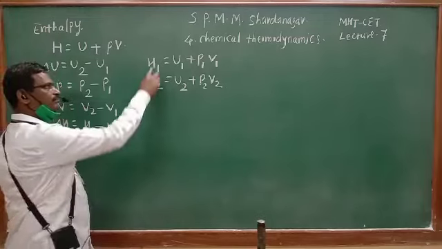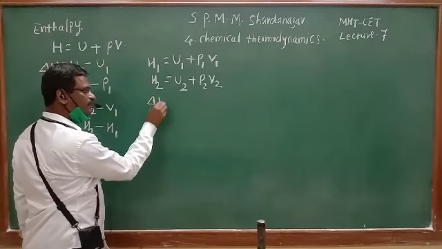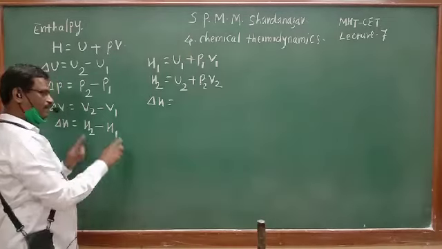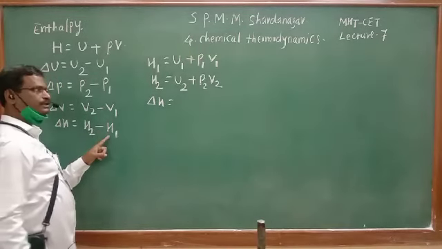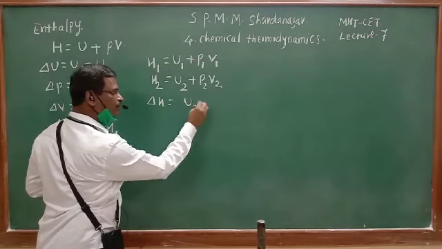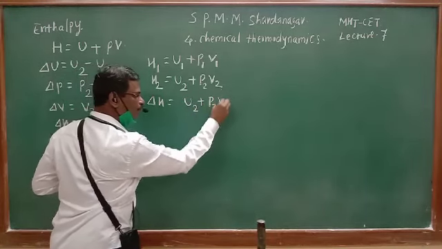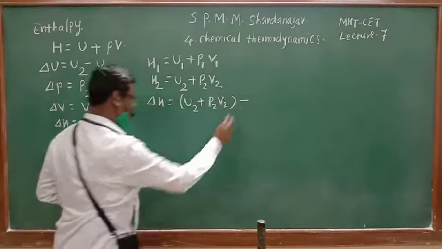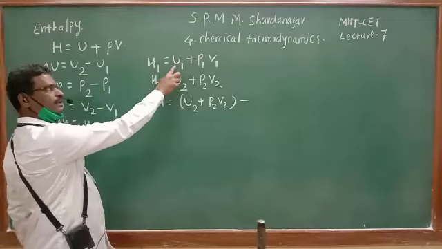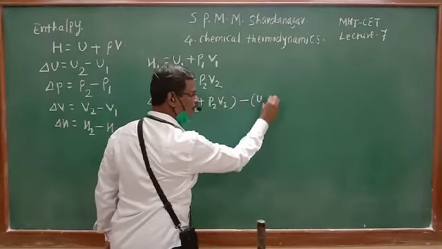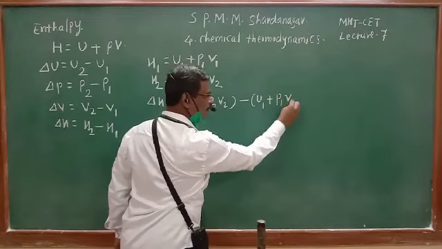And from these two equations, since we know delta H is H2 minus H1, substituting for H2 and H1: what is H2? H2 will be U2 plus P2 V2, minus H1. What is H1? U1 plus P1 V1.